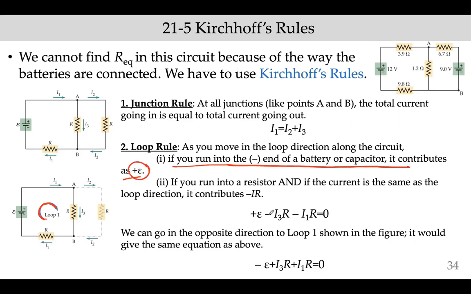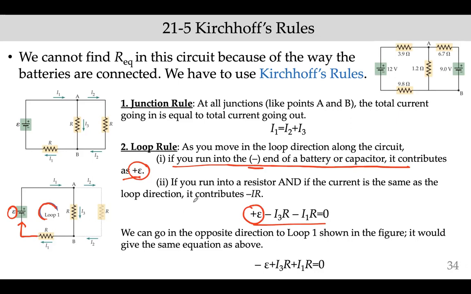So let's say you move along the loop in the clockwise direction. You run into a battery, and if you run into its negative end, indeed that's the case here, you write the battery voltage as positive epsilon, not negative epsilon.